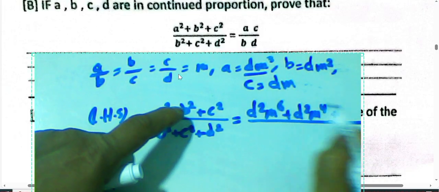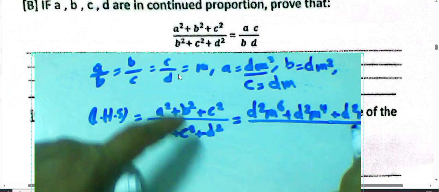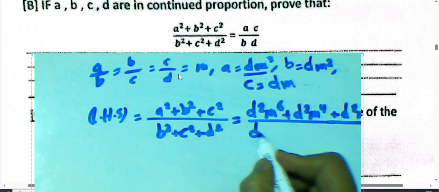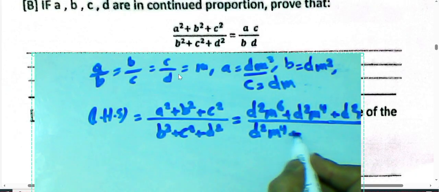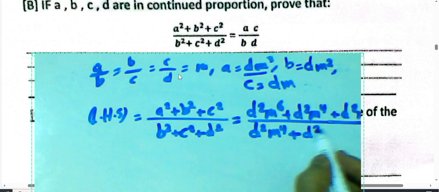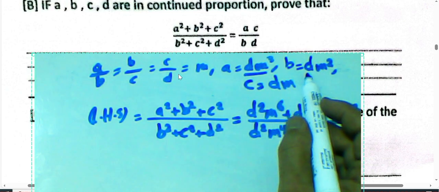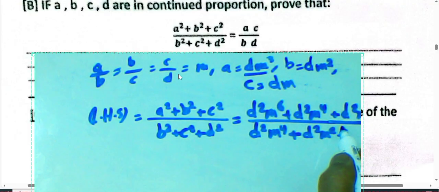Plus C power 2, it will be D power 2 M power 2, over B power 2, D power 2 M power 4, plus C power 2 equal D power 2 M power 2, and D power 2. We have D power 2 up. Okay, write D power 2 here. We have D power 2.